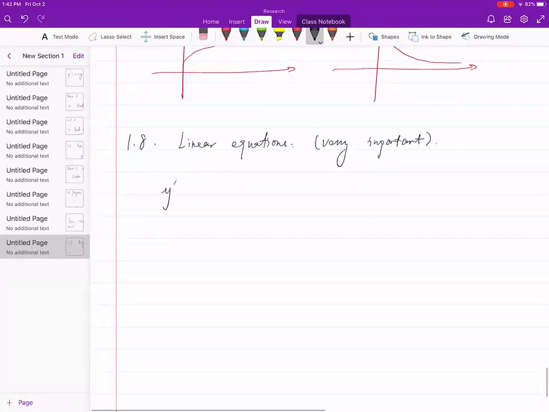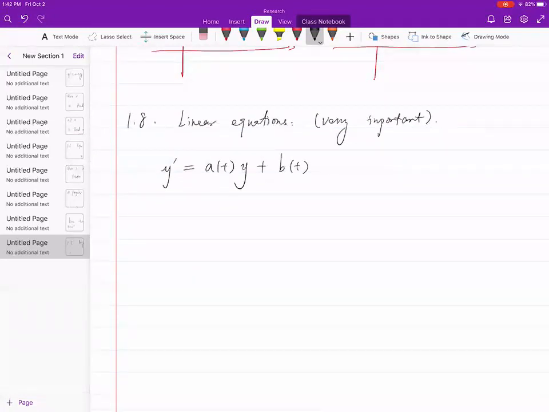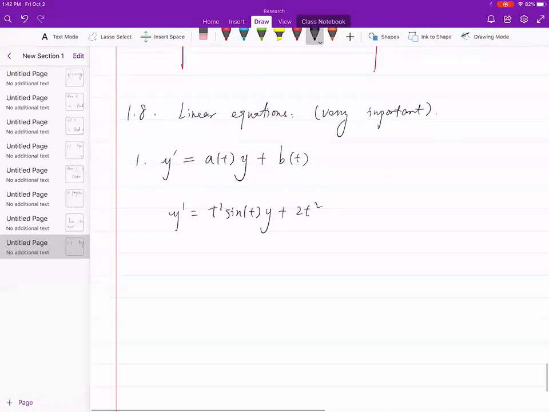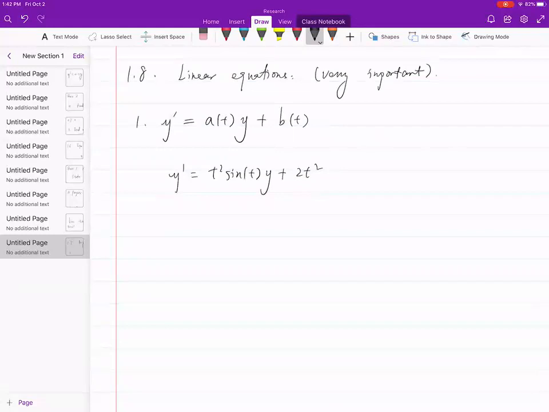For now, a linear equation, first order, refers to something like this. This is linear.